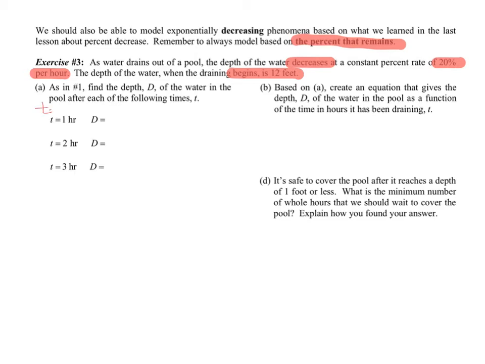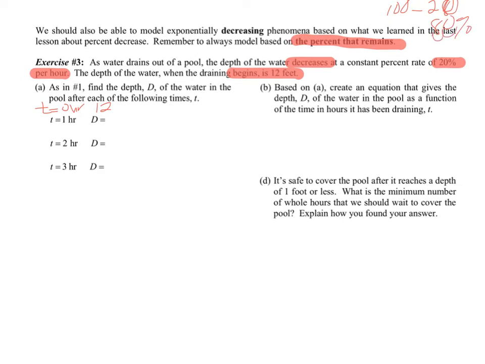When t equals 0 hours, before we start draining at all, my pool is at 12 feet deep. I'm going to now figure out how much is left after each time if I take away 20% of that. And I'm only draining out 20%, so how much of the pool is left? So all I have to do is do 100 minus my 20%, which is going to give me 80%.